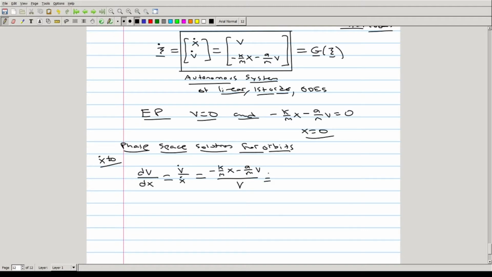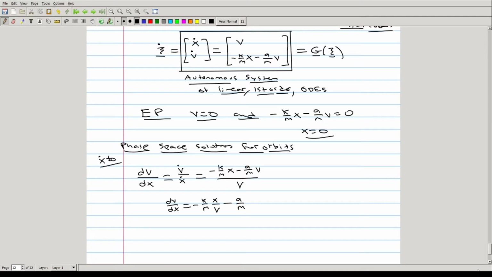And you can rewrite this as dv dx is equal to negative k over m x over v minus a over m.